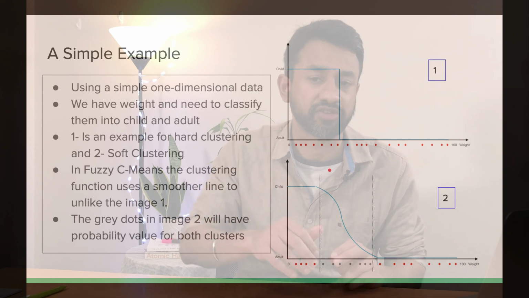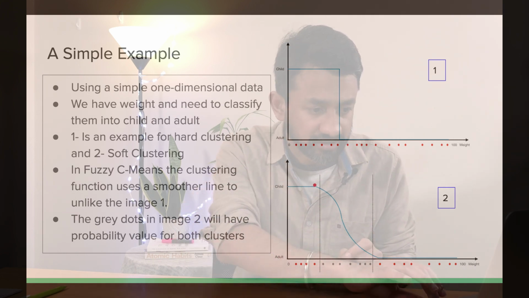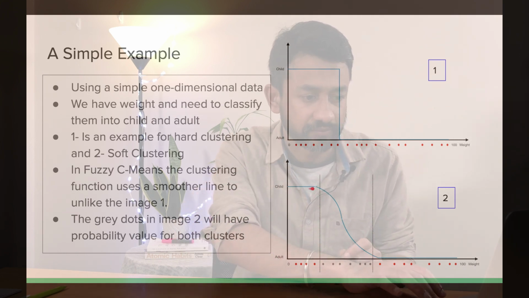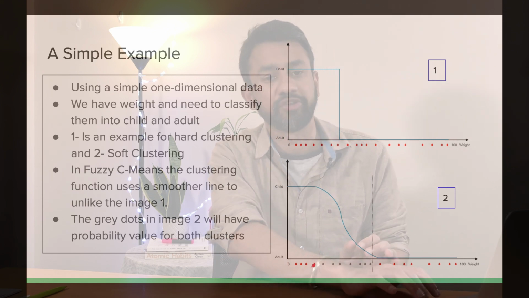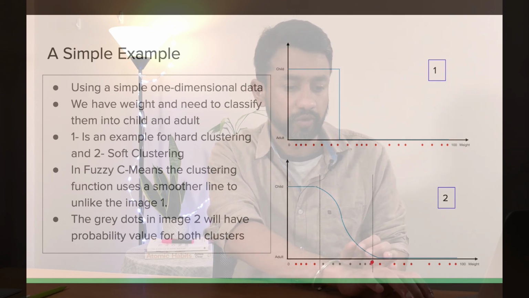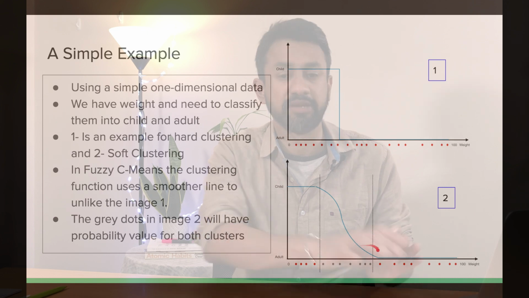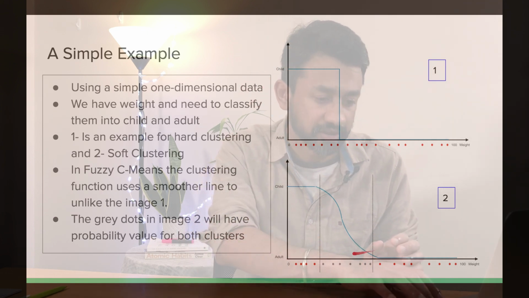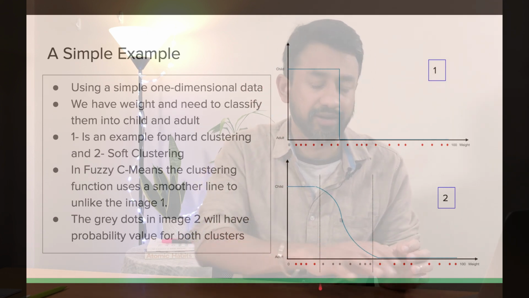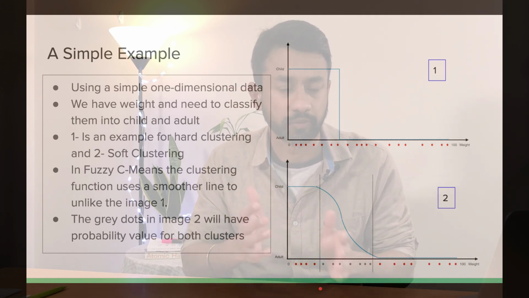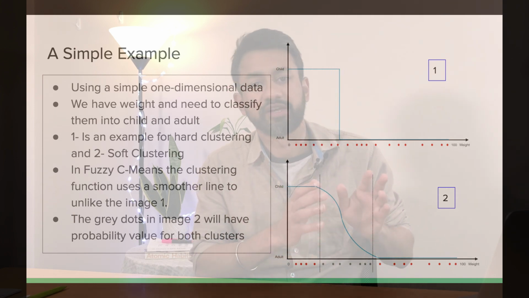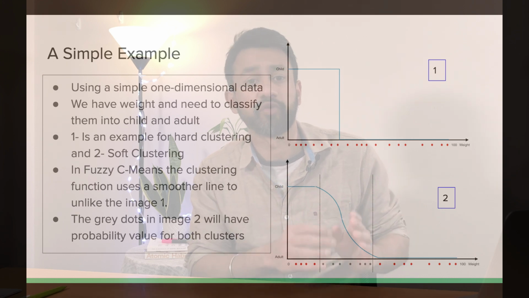There is a smoother line which transitions from a child to an adult, and hence all these points present here are child, anything over here is adult, and anything in between is color-coded in gray. They are neither child nor adult, but in between both of them. This is a typical example of how it works.